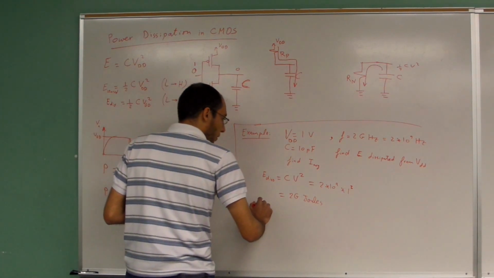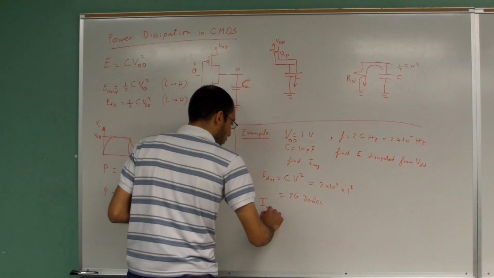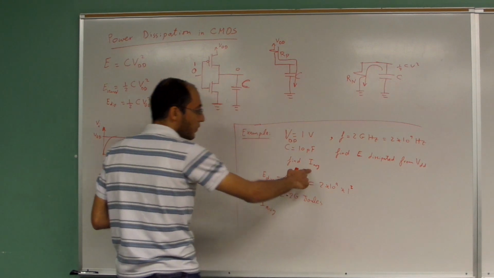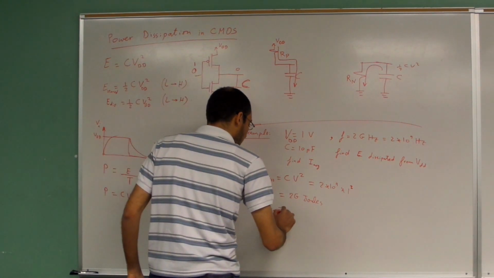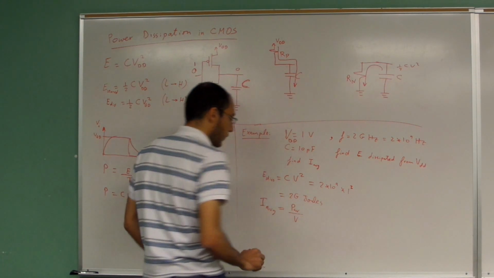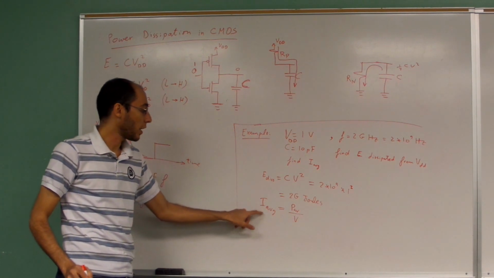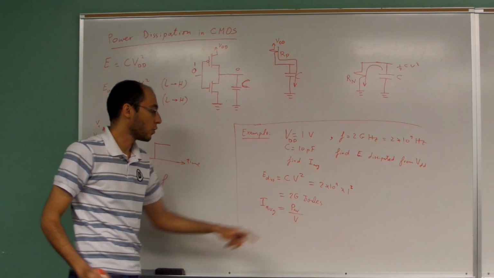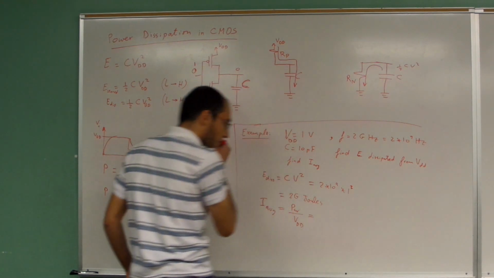What about the I average? If you want to calculate the I average, you need first to calculate the power average. Why? Because you know that the power average is equal to I multiplied by the volt. So the I average equals P average over VDD. What is P average?